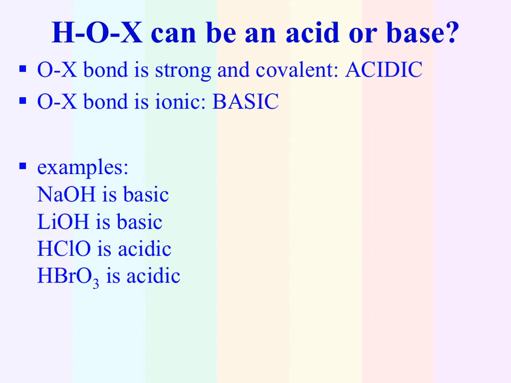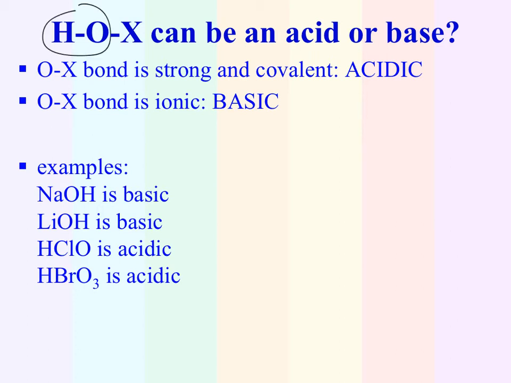Another way that we can look at identifying whether something will behave as an acid or base is to look at how the hydrogen that's attached to an oxygen is connected to the remainder of the molecule.